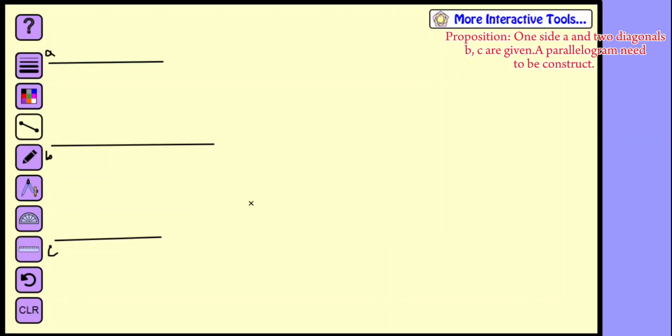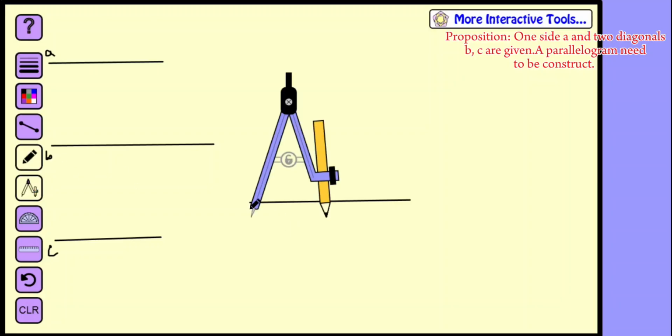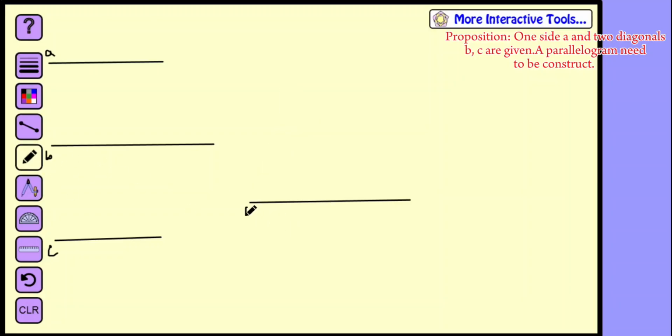First of all take a line, any line with any measurement. Then from there we are going to cut the side A. Before that, first give a name to our straight line on which we are going to draw the parallelogram.